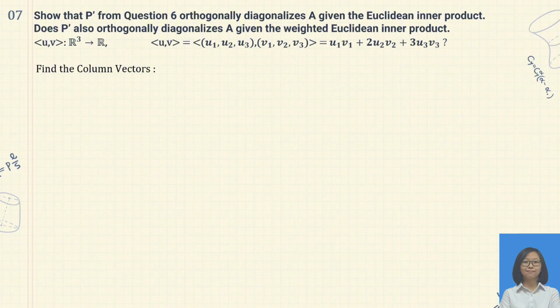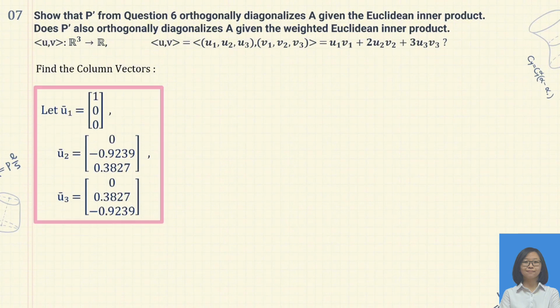First of all, let us find the column vectors of P prime, and we can identify them by writing them as vectors u1, u2, and u3. Then we verify their orthogonality with respect to the weighted inner product. Next, let us make the orthogonality check with the weighted Euclidean inner product.